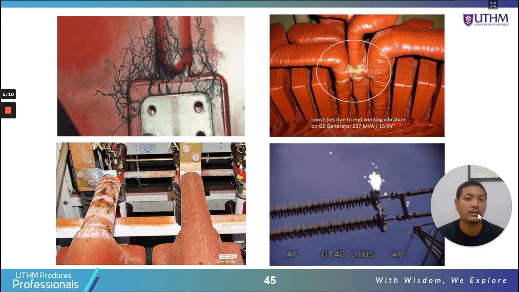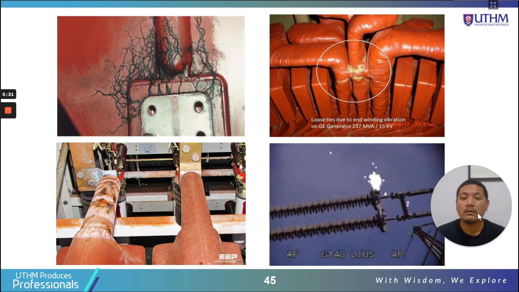This is a large generator, a 15 kV generator. Because of that high voltage, partial discharge happens on the surface of the stator winding. You can see the build up of white powder on the surface.